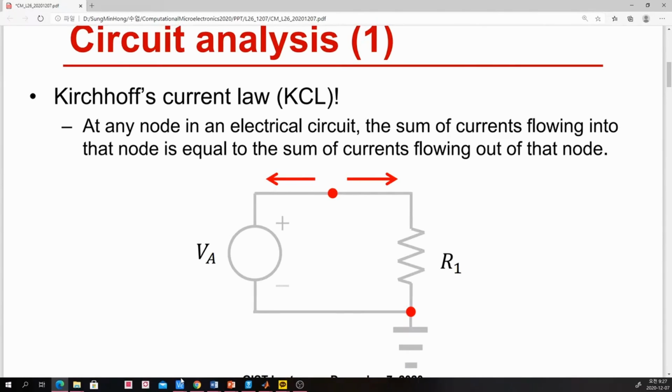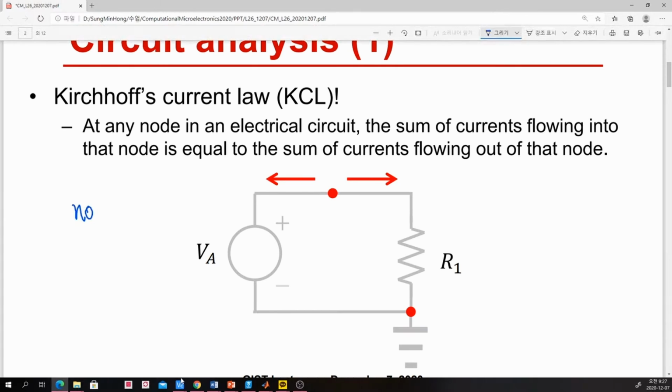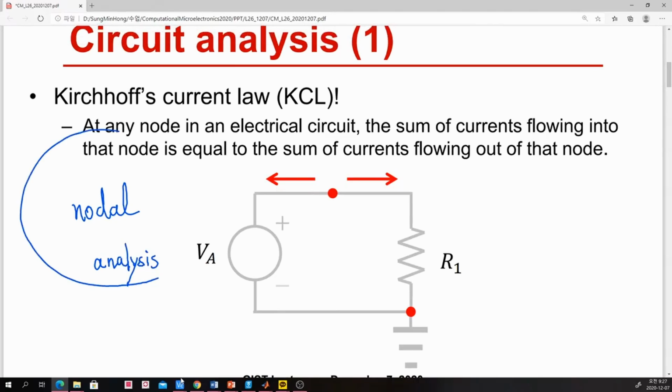This type of analysis is called nodal analysis, the analysis based on the circuit node.